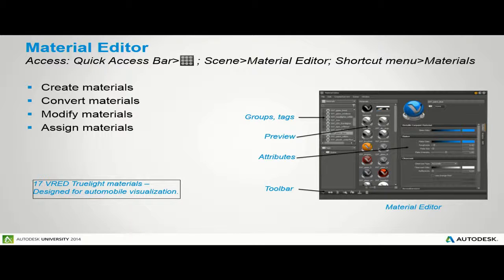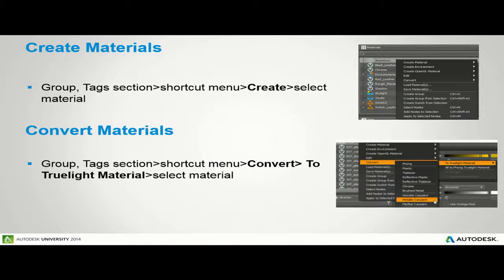There are 17 VRED Truelight materials provided with the software, and they are best for automobile visualization. Then you can create material by going into the material groups tag section and right clicking, and there you have create material. When you open that up, all the 17 Truelight materials will be listed.